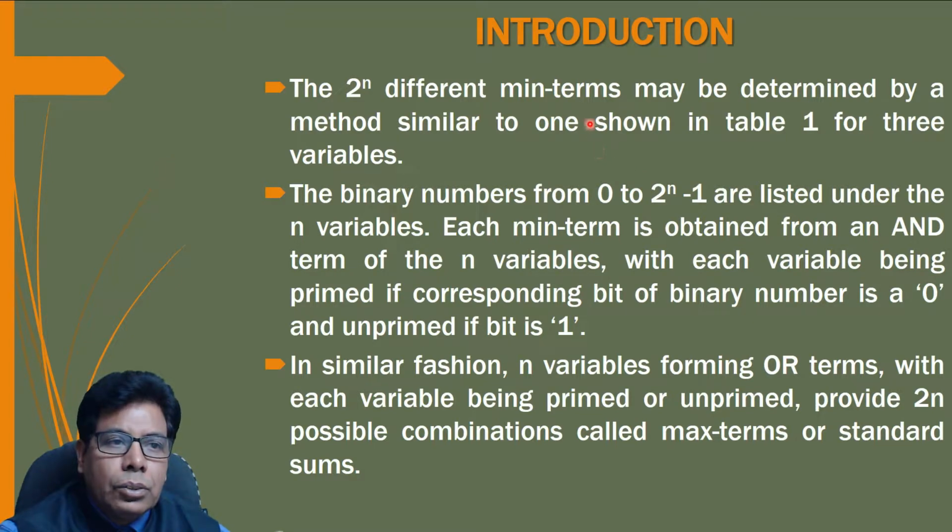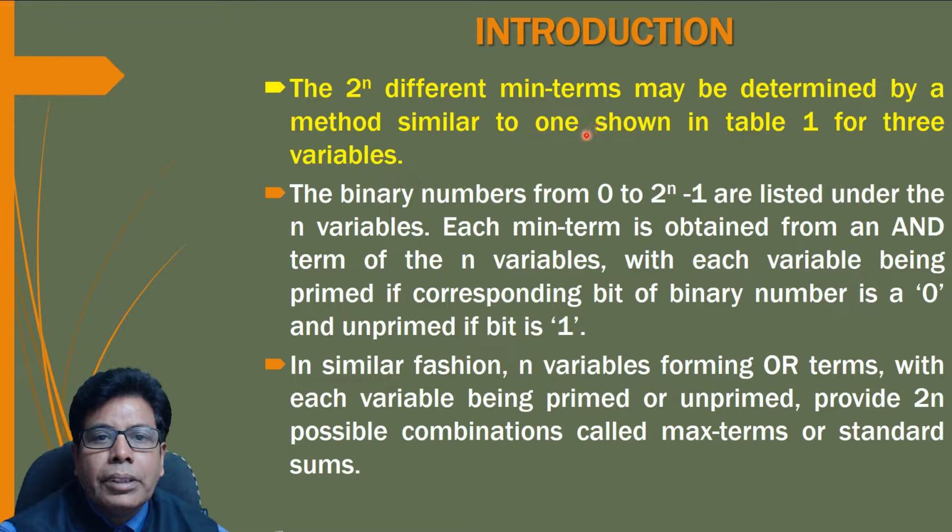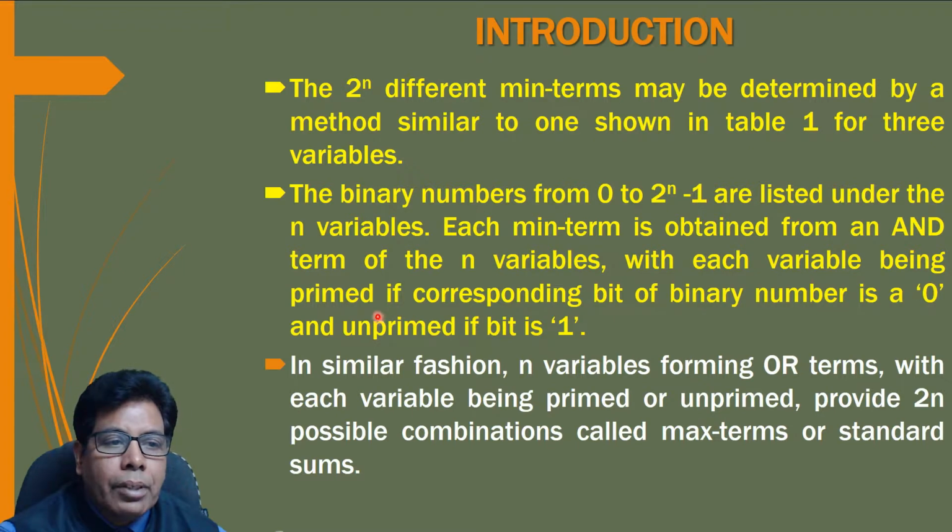The 2 raised to n different MINTERMs may be determined by a method similar to the one shown in table 1. In table 1, we are going to show the method to determine these MINTERMs. The binary representations from 0 to 2 raised to n minus 1 are listed under the n variables. Each MINTERM is obtained from an AND term of the n variables, with each variable being primed if the corresponding bit of the binary number is 0 and unprimed if its bit is 1.